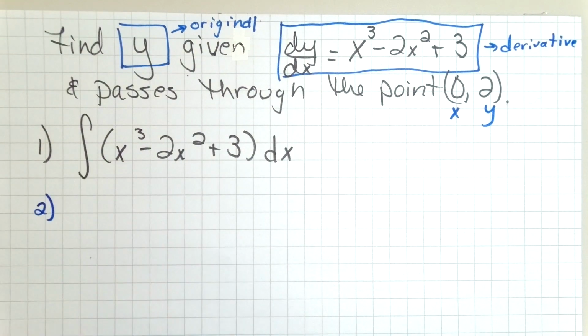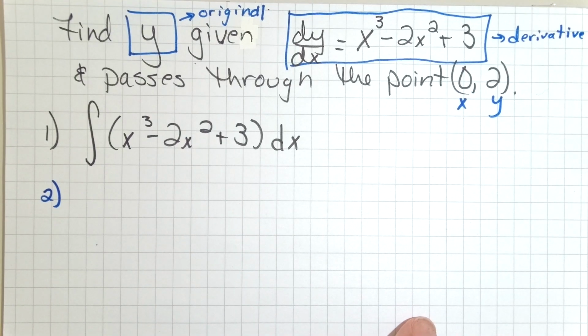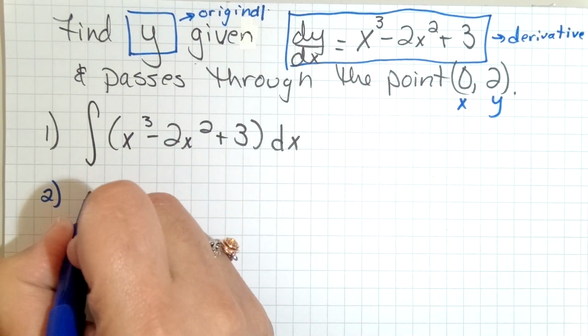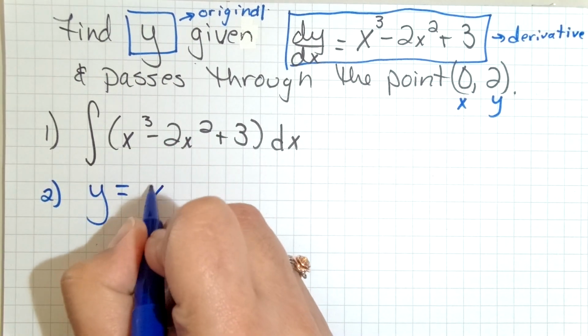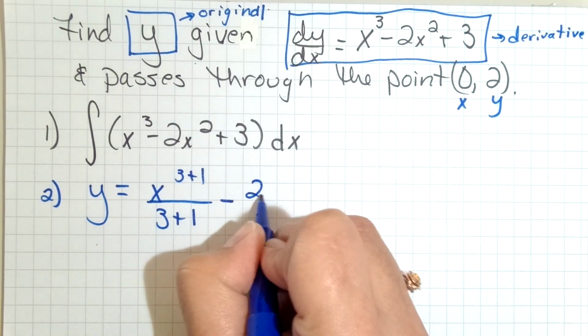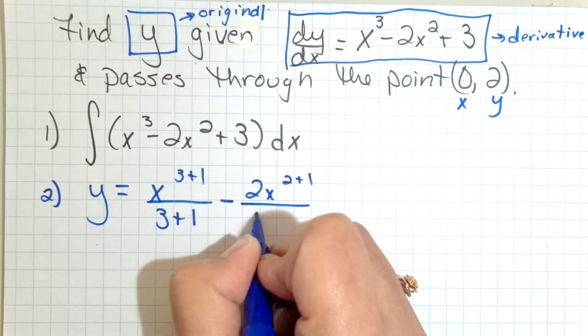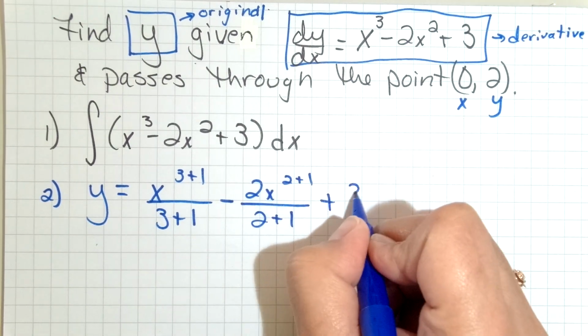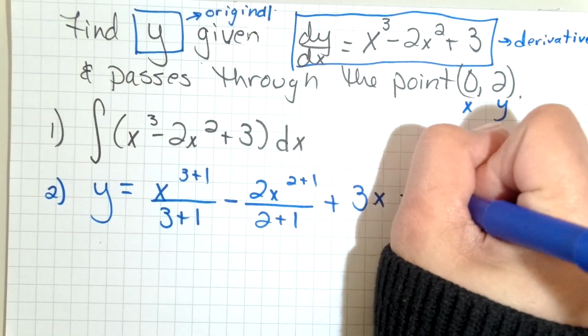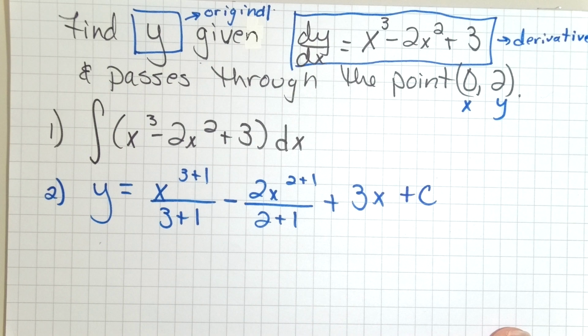Use the rule to find the answer again. Good. What rules am I going to use here? The power rule. And? Constant. Yes. Power rule for these, constant for this. 3 plus 1 over 3 plus 1, minus 2x to the 2 plus 1 over 2 plus 1, plus 3x, plus C. Questions?